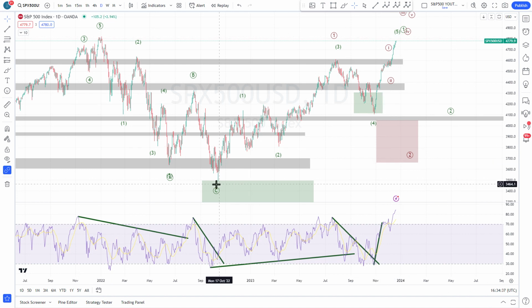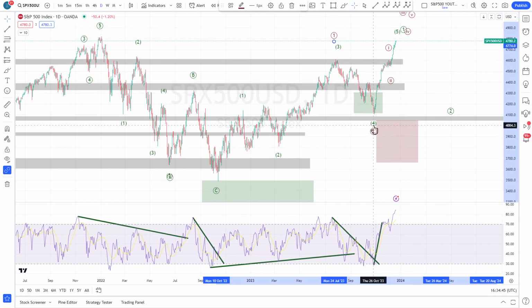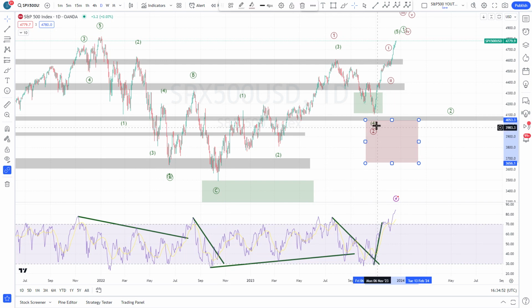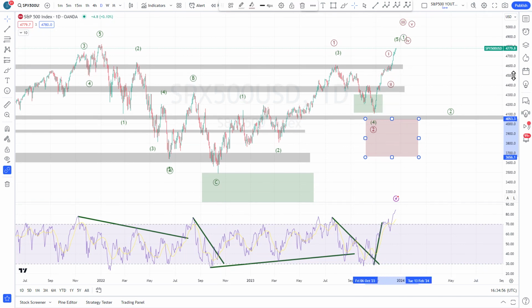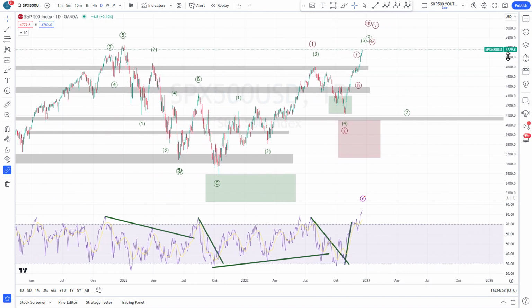The alternative would be that we had our wave 1 here, then wave 2 down right here. In the end, we actually came quite close to our wave 2 area, and that we are now working on the wave 3.